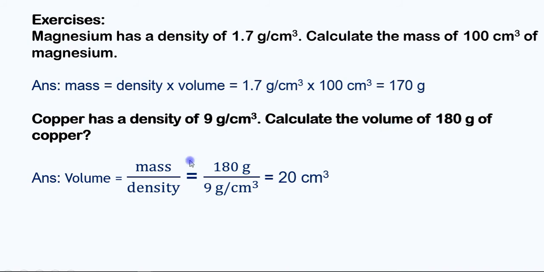So we use the formula volume is equal to mass divided by density. The mass is 180 grams and density is 9 grams per centimeter cube, and this gives us 20 centimeter cube as the volume. Here again we have the volume in centimeter cube and not meter cube because we are using grams per centimeter cube for the density and grams for the mass.